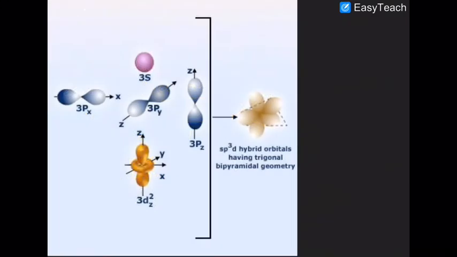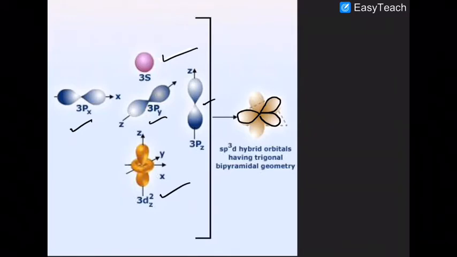Now you can again see that the 3s orbital of phosphorus, 3 p orbitals and 1 d orbital will overlap together to give you these 5 orbitals. You can easily draw these 5 orbitals here. So these are the 3 equatorial, and what you have now are the axial bonds.